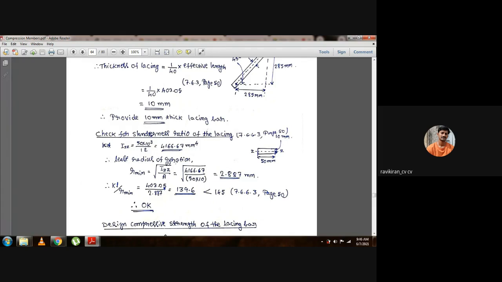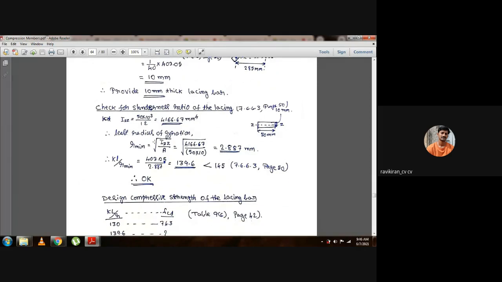Least radius of gyration r minimum is equal to square root of I by A. I will be in terms of ZZ direction. If you go with YY direction, again breadth will become 10 millimeter and depth will become 50 millimeter.